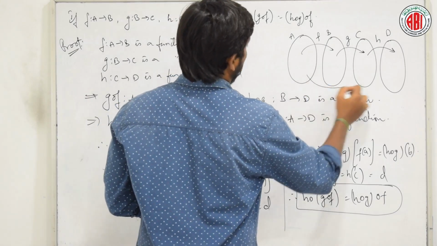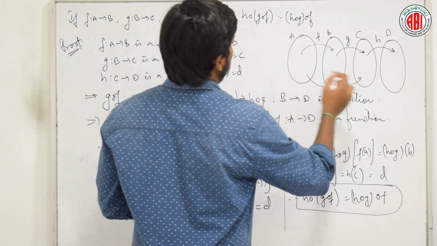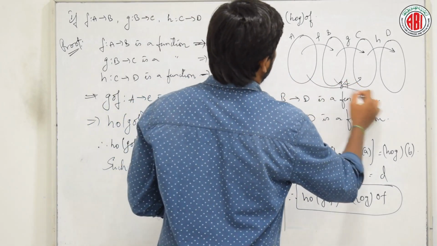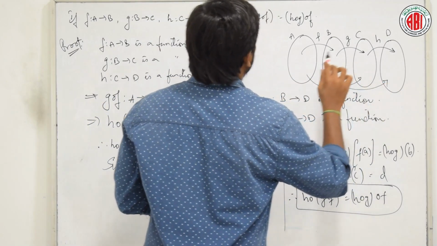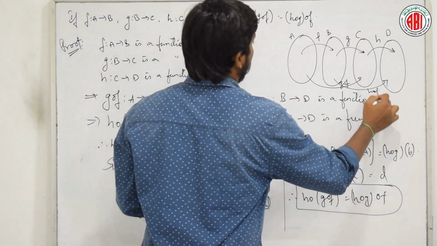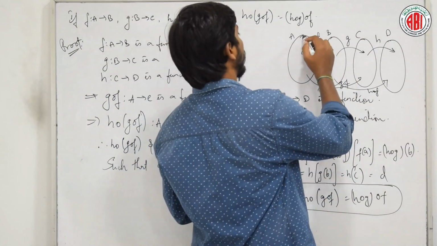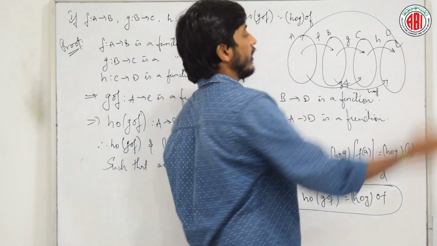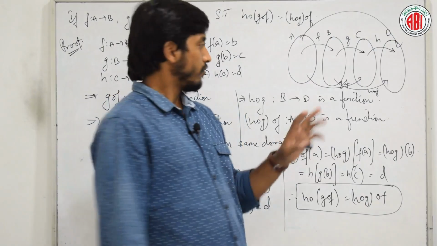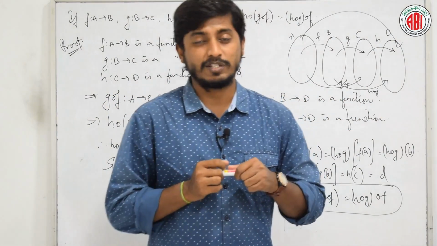Then what about h circle g? H circle g moves from B to D. Now tell me, from where to where does h circle g circle f move? From A to D. Clear? Is it okay? Shall we do a few problems based on these theorems?